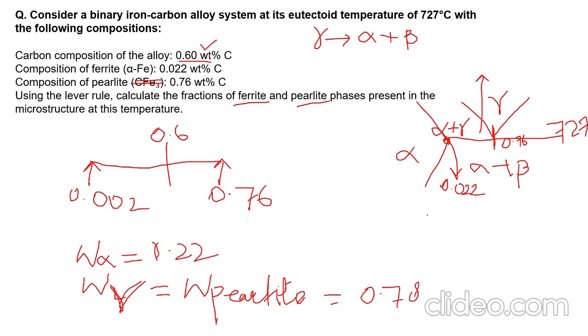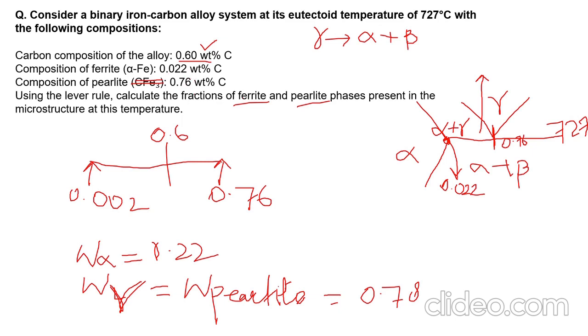Always in this case, because you are in a hypoeutectoid region, your perlite will always be more and your ferrite will always be less, because it's a mixture of small ferrite and large perlite. In this question, the eutectoid temperature was already given, along with the compositions of alpha ferrite and perlite, so it was easy.